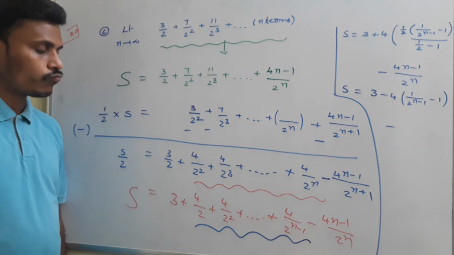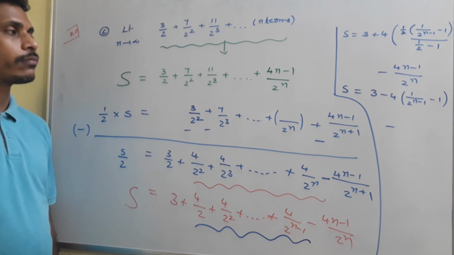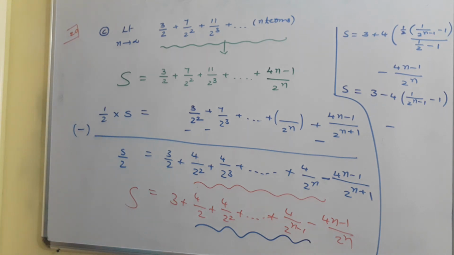What we need to do? We need the limit of (4n minus 1) divided by 2 power n as n is tending to infinity.